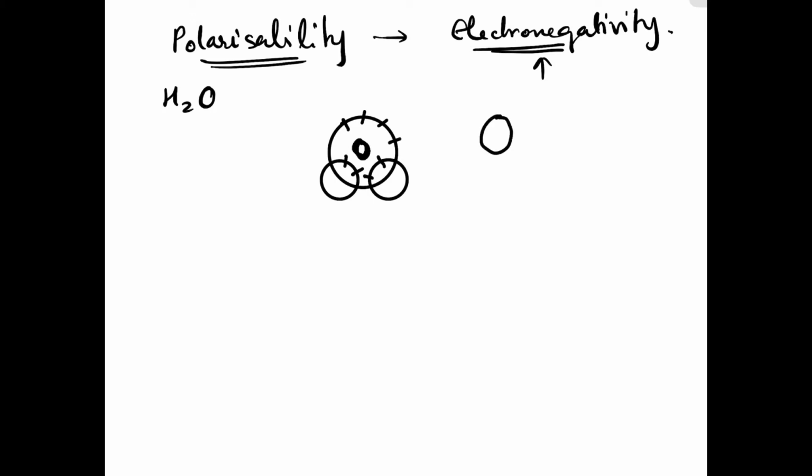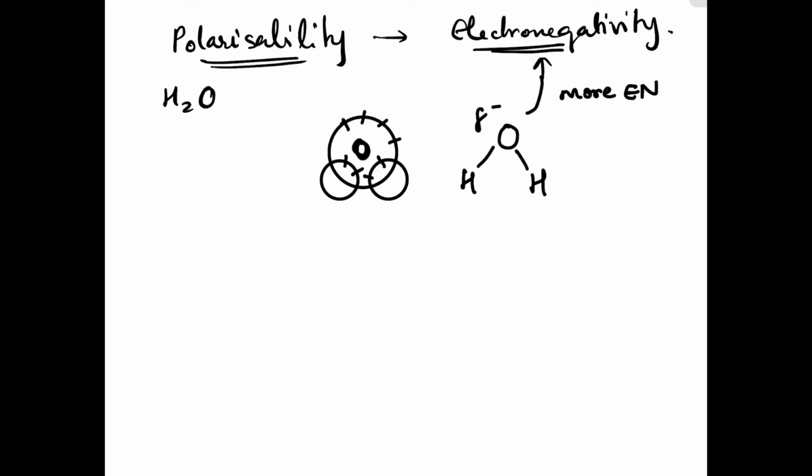So you have a single bonded water molecule which is polar because oxygen is more electronegative, right? It attracts more of the shared pair of electrons towards itself than hydrogen does, and acquires a partially negative charge.